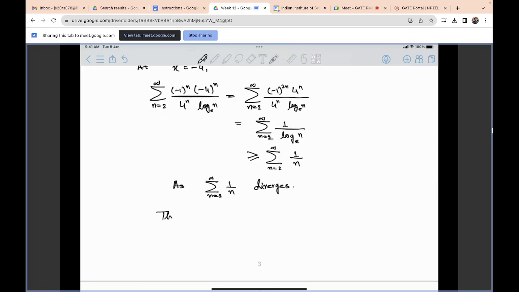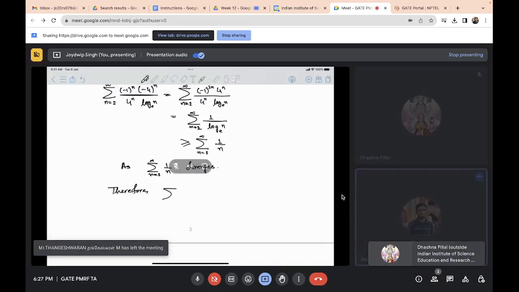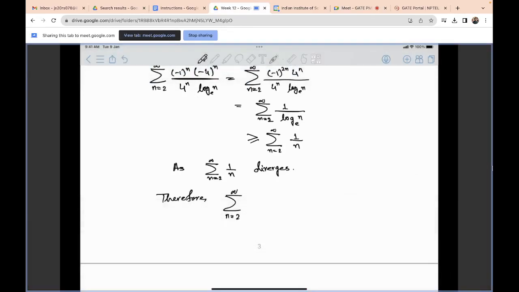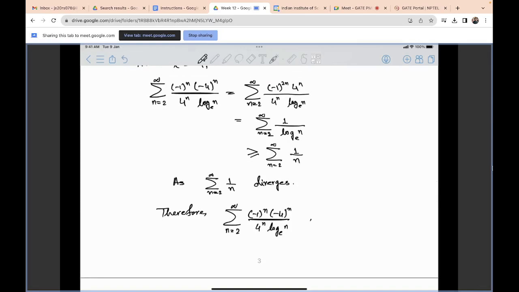Therefore this will also diverge. Note that this is a series of positive real numbers. That's why you can use the comparison test.